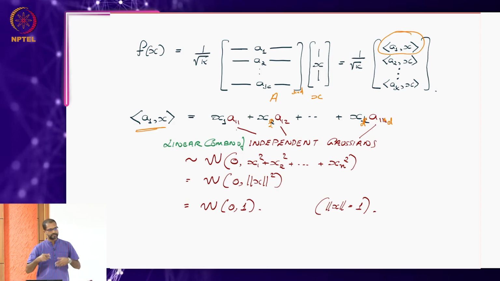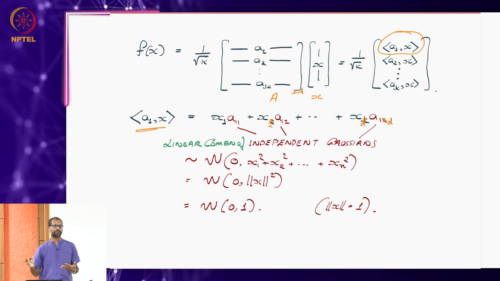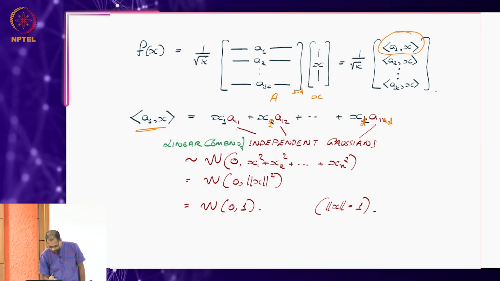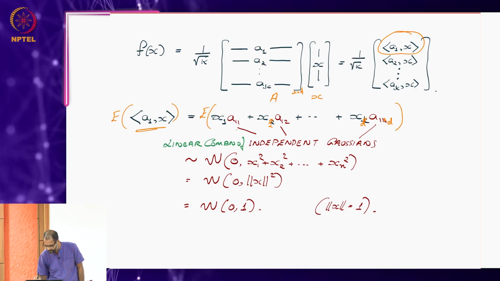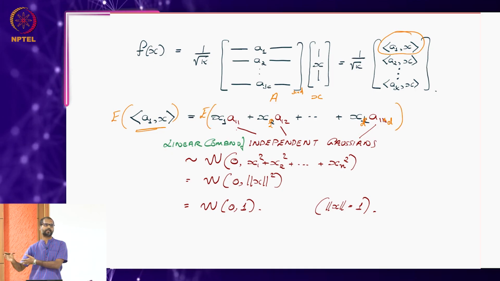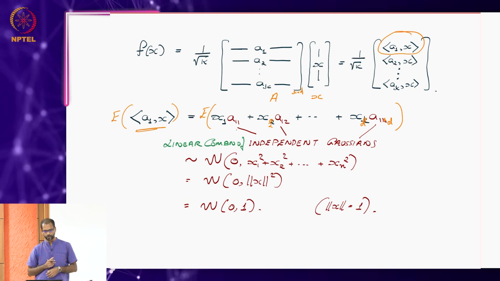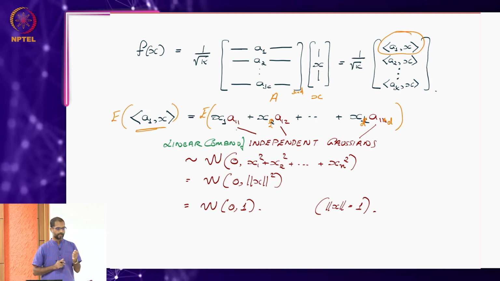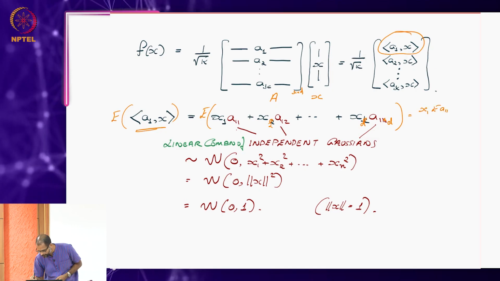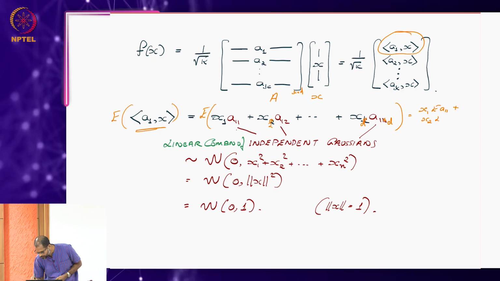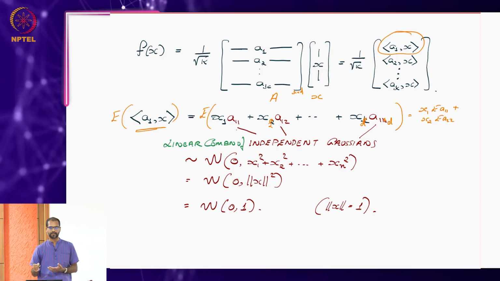Now, what is its mean? It is easy to calculate, just use the linearity of expectation. The expectation goes inside the sum. So, it will be x1 times E of a11 plus x2 times E of a12, and so on, up to xd times E of a1d. Remember, x1, x2 are not random variables.